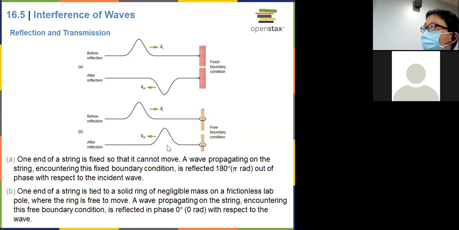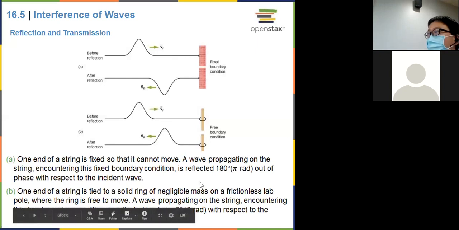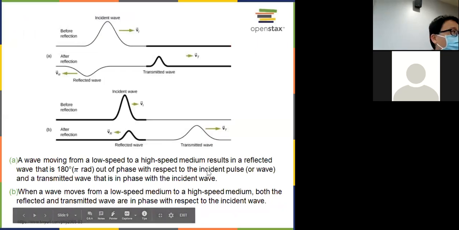We call this flip a phase change. If the peak comes in and reflects back as a valley, then it has a phase shift of 180 degrees, or pi in radians. Otherwise, there's no phase shift.